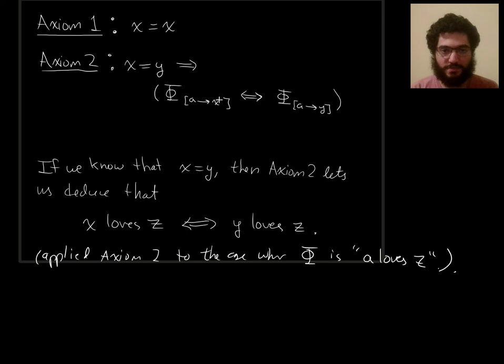The left side of the equivalence is phi with A replaced by X, which gives X loves Z. And then you get the same thing with A replaced by Y, which gives Y loves Z. So this is how you use equality. Axiom 2 says if two things are equal, then anything you can say about one thing is true if and only if the same thing is true about the other thing.